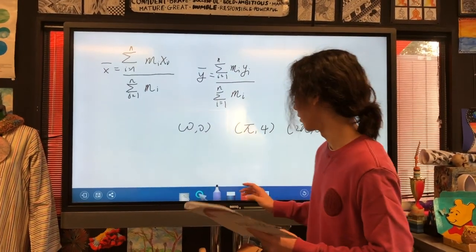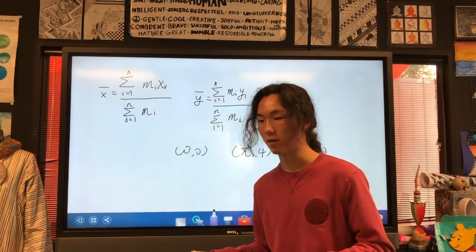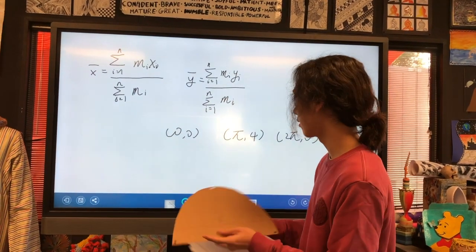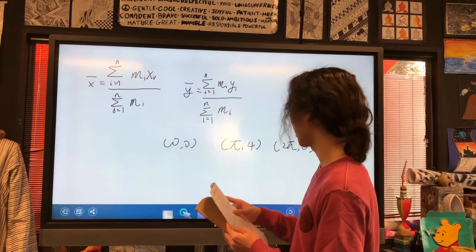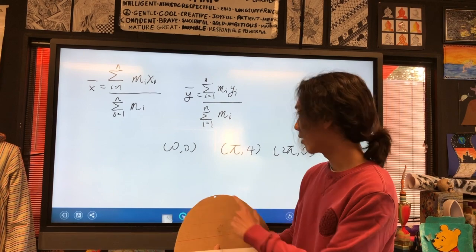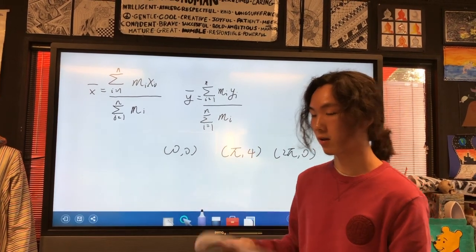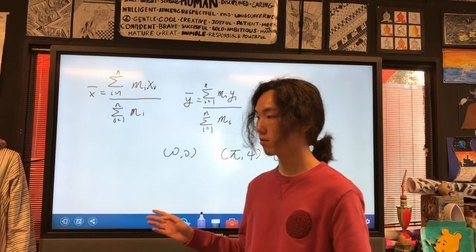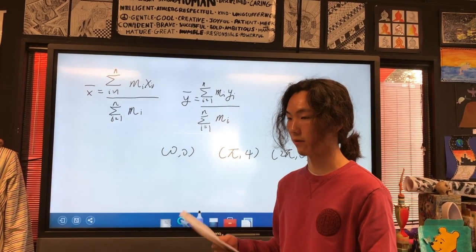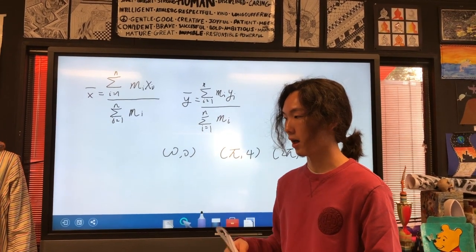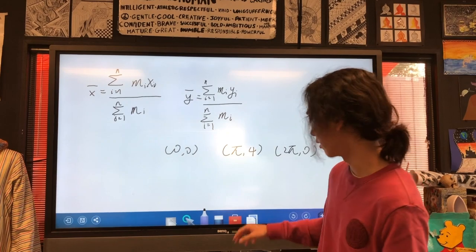So we're looking at the algebra way right now. We find the 3 boundary points: 0, 0; pi, 4; and 2 pi, 0. We take the coordinates of the points and find the average of them for the x coordinate and the y coordinate.